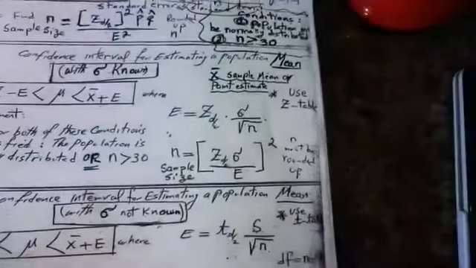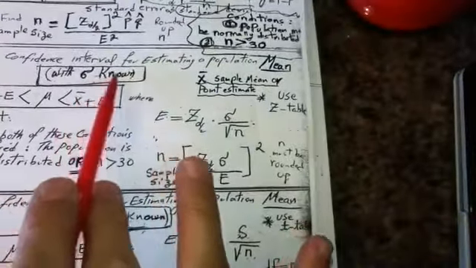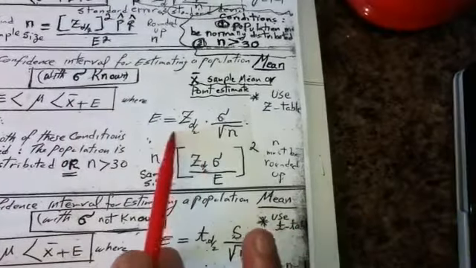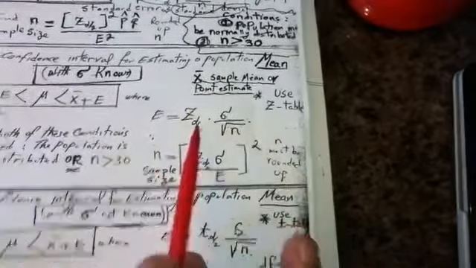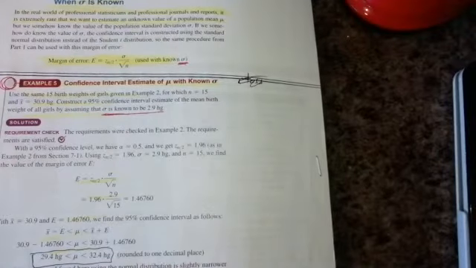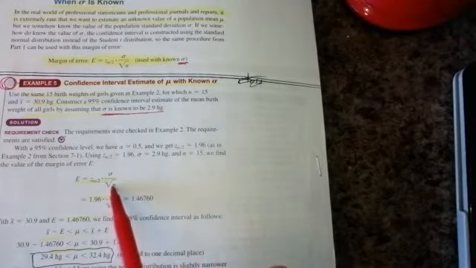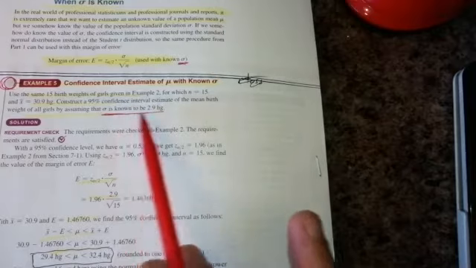See, if the standard deviation of the population is given, then you are using this formula, Z, because this one is given, okay?